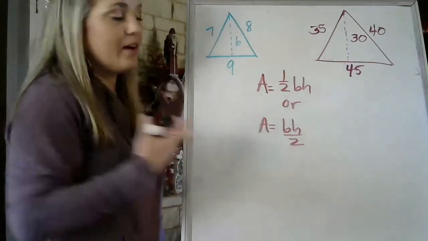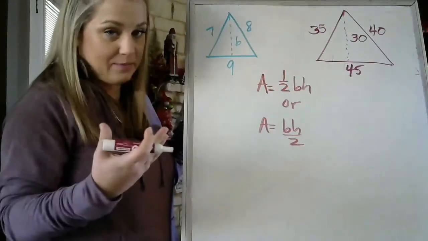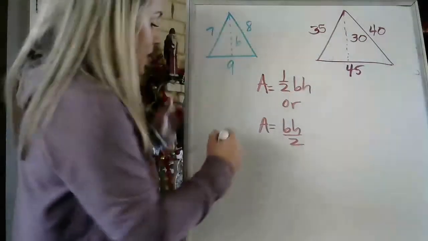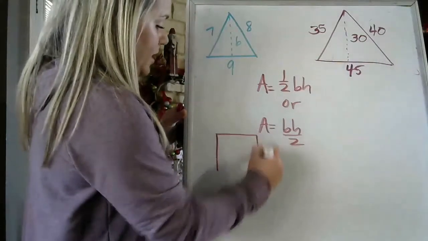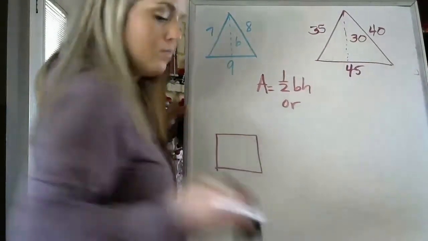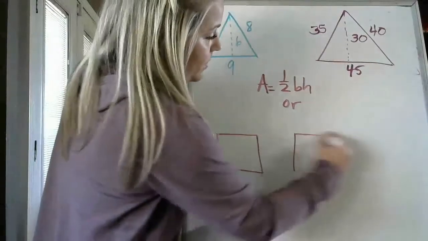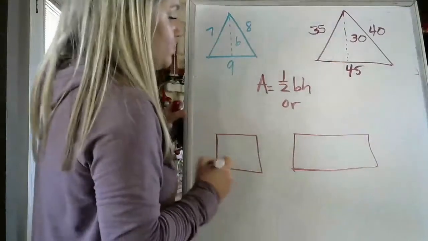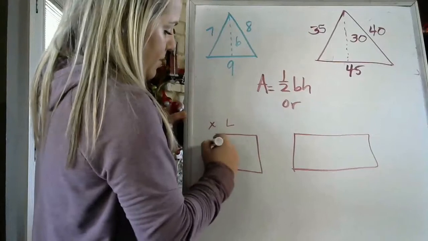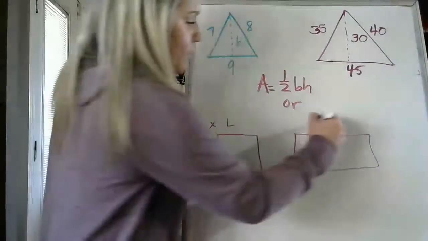Okay, the reason the area is half of the base times height, or base times height divided by 2, is because if you look at a square or a rectangle, doesn't matter which one, square or rectangle, when you find the area, it's length times width, right?